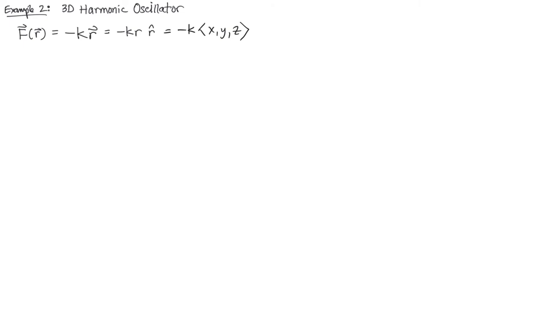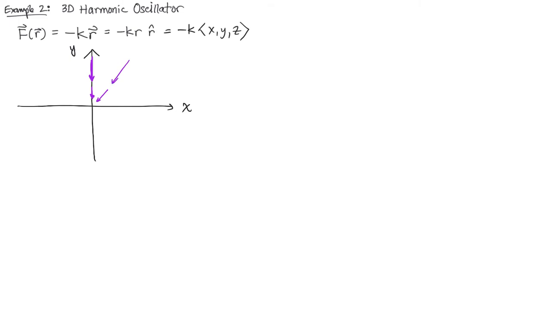So we can draw this force field out in the following way, and I'm just going to draw it in 2 dimensions. So the idea here is the further you are from the origin, the longer the force is, and the direction that the force points is always to the origin.